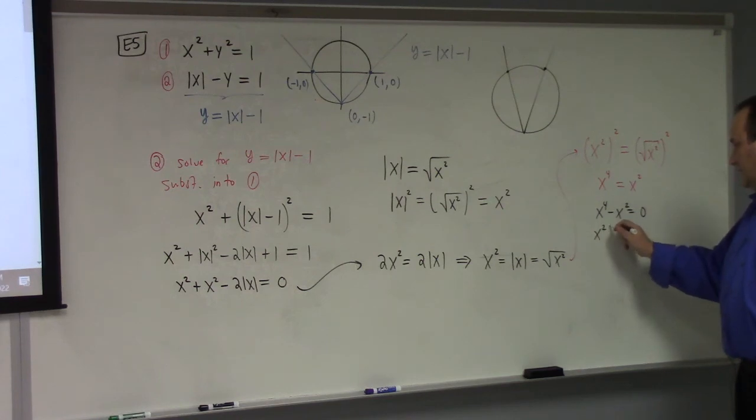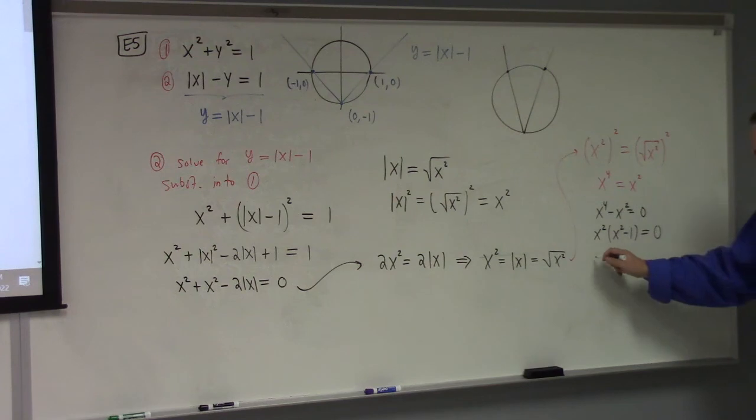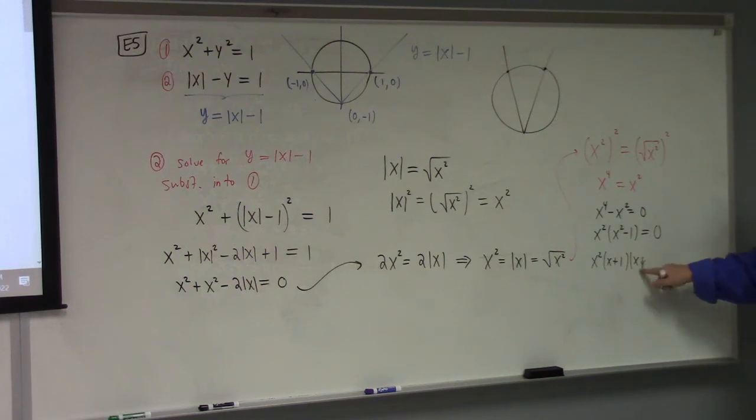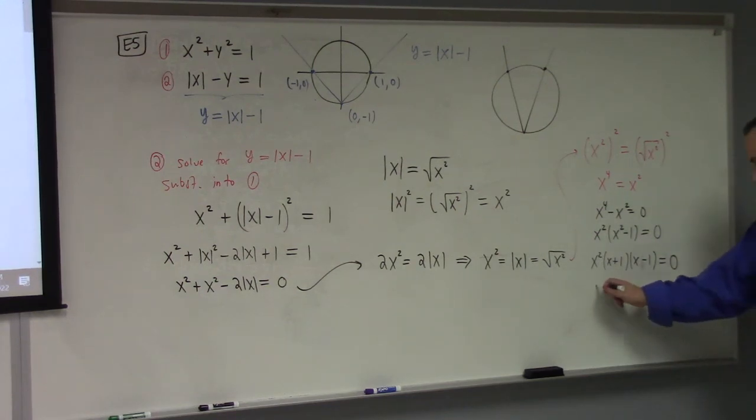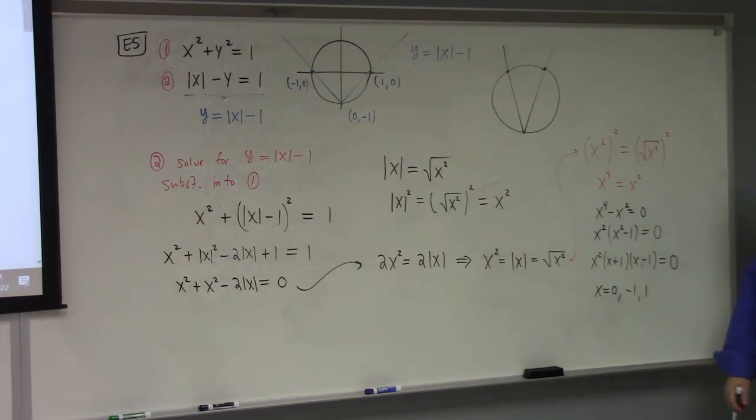Factor x squared out. I've got x squared minus 1 equals 0. Factor that. And so what are the answers? The answers are x equals 0, minus 1, and 1.